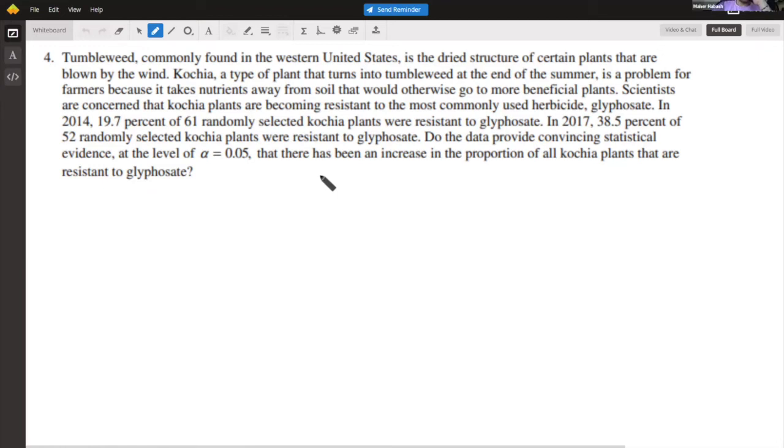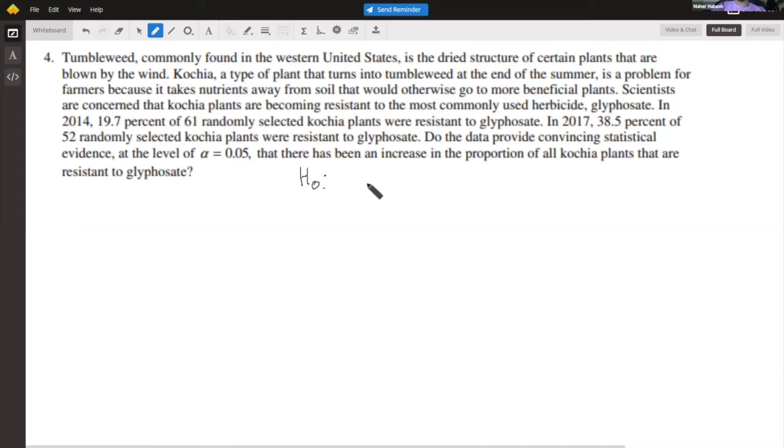Exactly. So we could say what's equal, by the way. What is it? The resistance to the glyphosate or whatever. What statistic are we going to use to analyze?